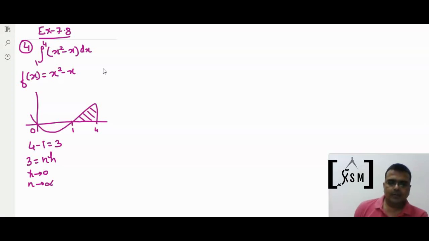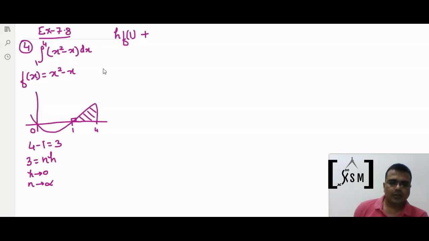Now my job is to find the area of each rectangle which we are going to make inside. The first rectangle is starting from 1, so the height of that rectangle would be f(1), right? And the width of each rectangle is h, so the area would be h multiplied by f(1) plus the second rectangle.